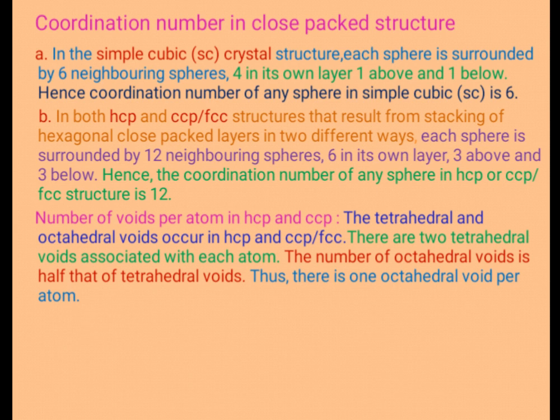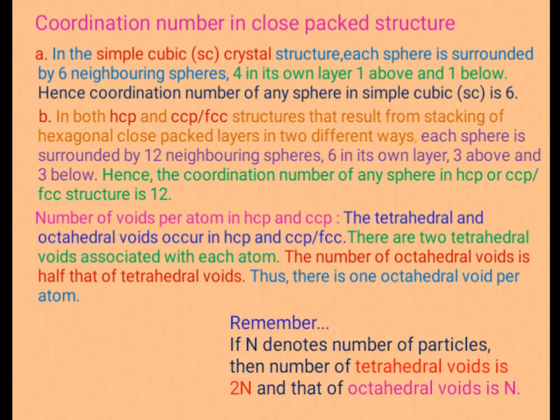Remember that if n denotes the number of particles, then the number of tetrahedral voids is 2n and octahedral voids are n. And this is the coordination number in close packed structures in SC, HCP and CCP or FCC structures of the crystal.